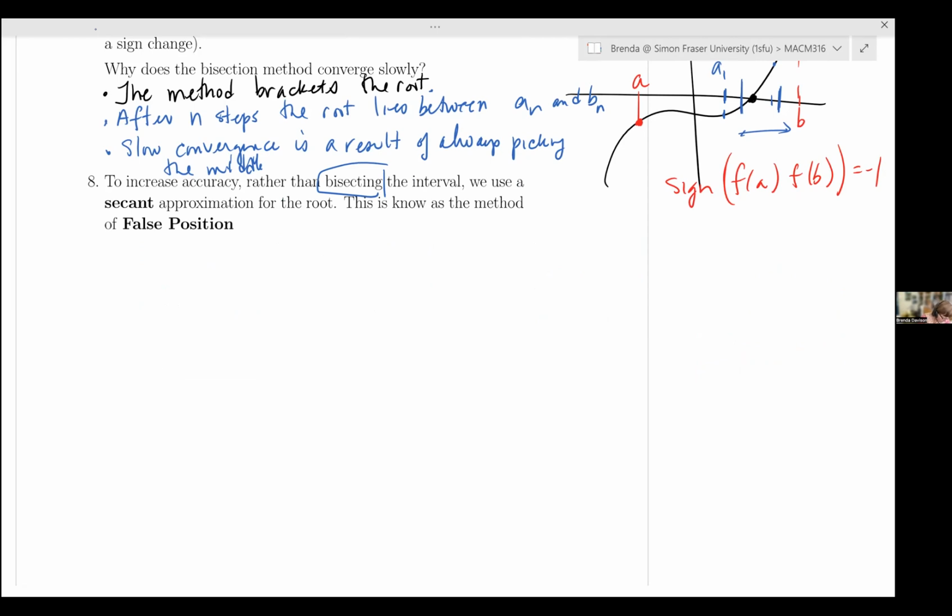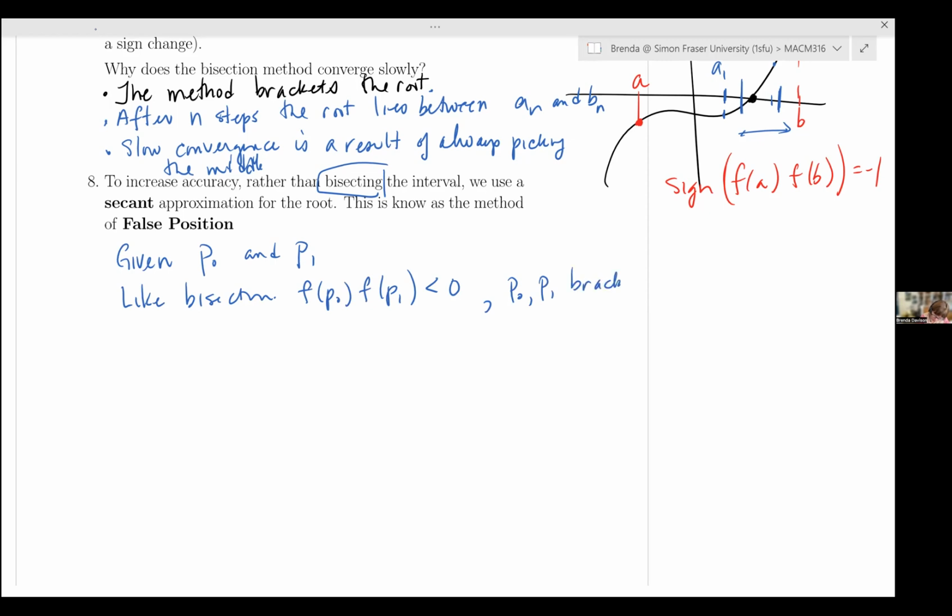So we're going to start with two numbers, P0 and P1, and we're going to have the situation like bisection. We're going to have that f of P0 times f of P1 is less than 0. And so P0 and P1 bracket the root.